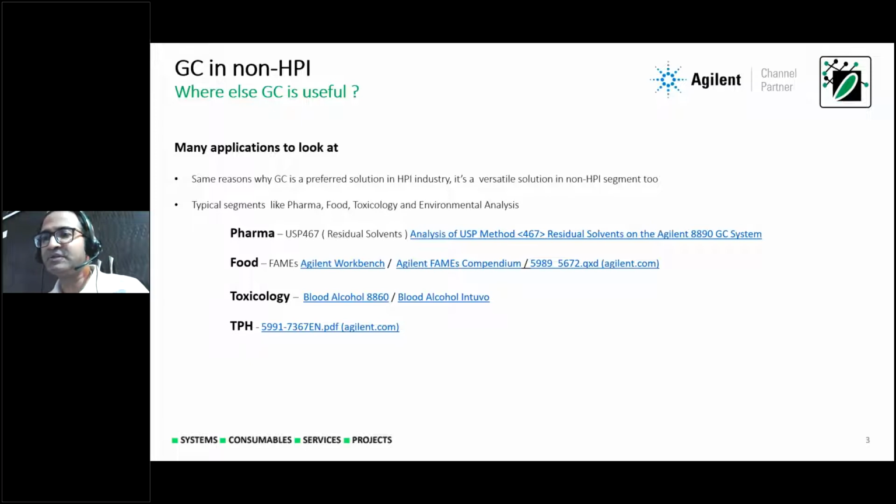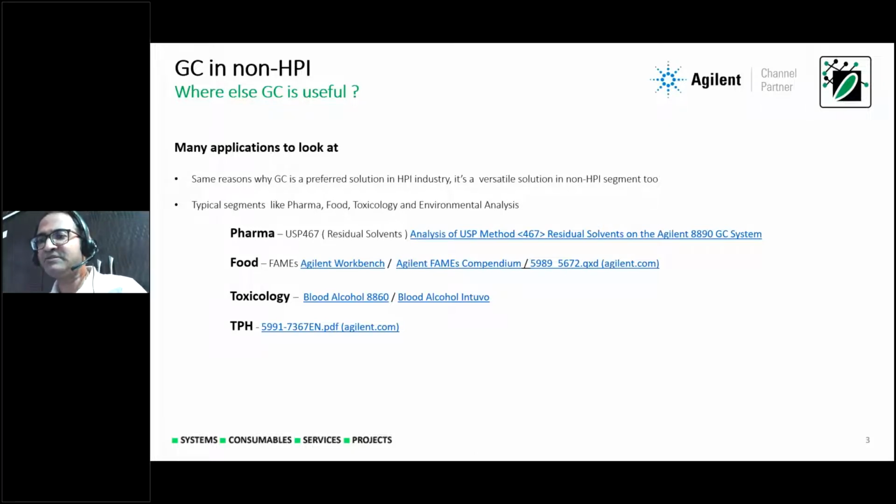For the paint industry also, the analysis of solvents is critical. Now the solvents that people use in the paint industry are a little different than what we use in the pharma industry. So the scope is a little bit different, but the same hardware we use in the pharma for the residual solvents is still very useful for the paint industry as well.